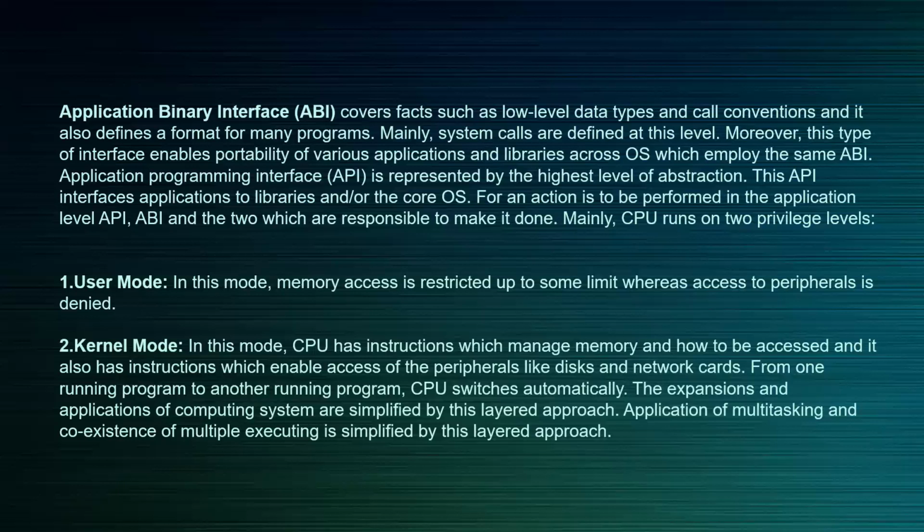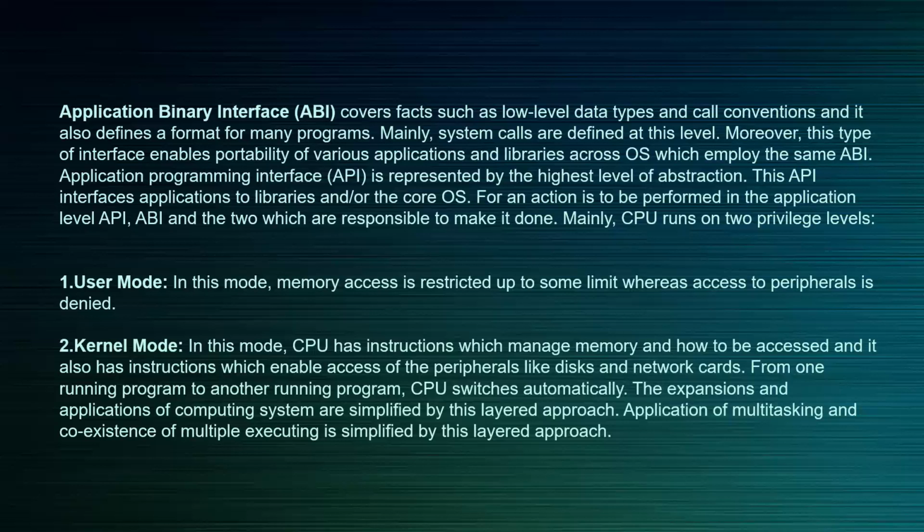Mainly the CPU runs on two privilege levels, that is the user mode and the kernel mode. In user mode, memory access is restricted up to some limit, whereas access to peripherals is denied. The limit is set so that only that access is done for user mode. For the kernel mode, there are CPU instructions which manage memory and how it is to be accessed, and it also has instructions which enable access to peripherals like network cards.